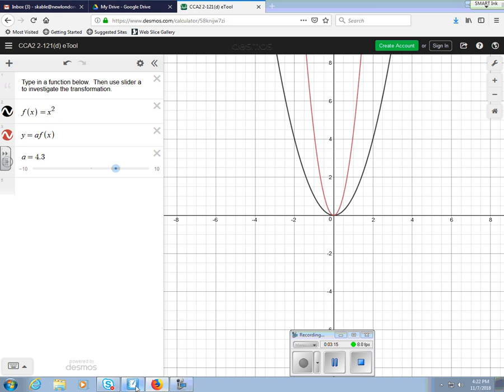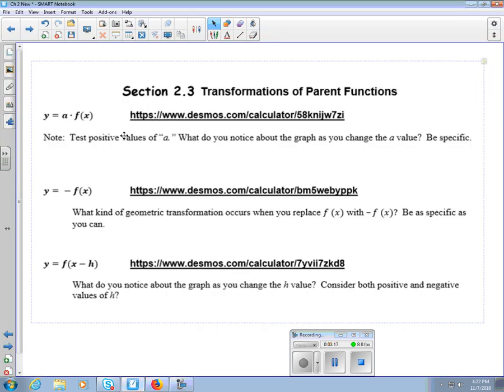You could mention that the graph shoots up really fast as the a value goes more positive. We're vertically getting it to go higher, and we'll use a term for that shortly.